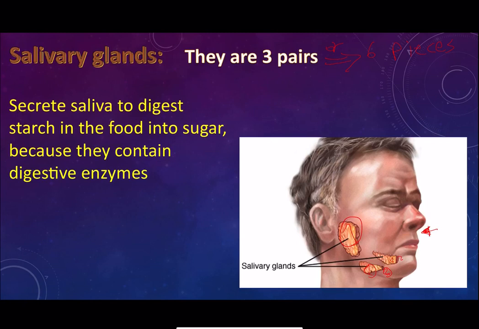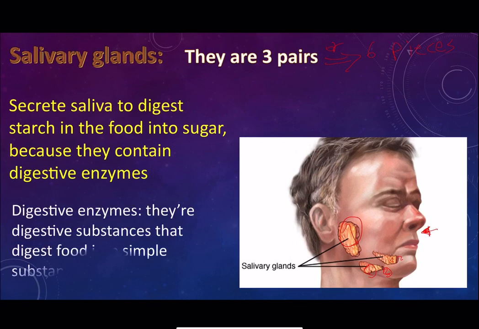The salivary glands secrete saliva to digest starch in the food into sugar because they contain digestive enzymes. So the function of the salivary glands is to secrete saliva, which is responsible for digesting starch in the food into sugar.